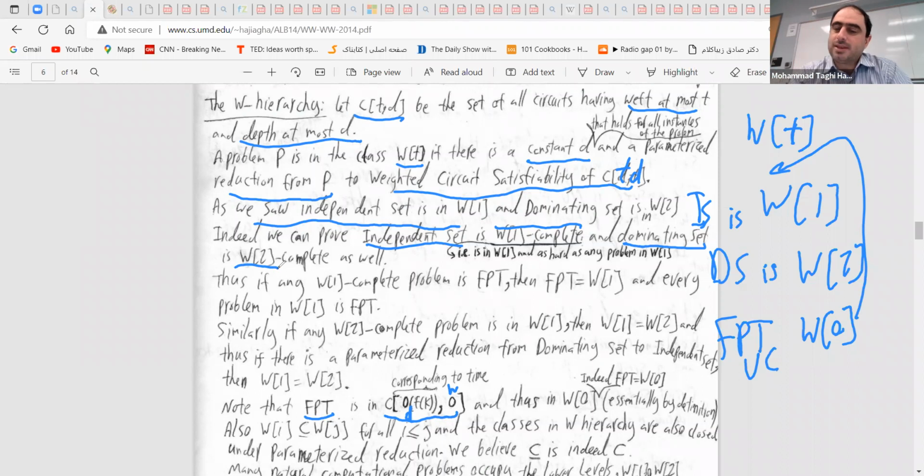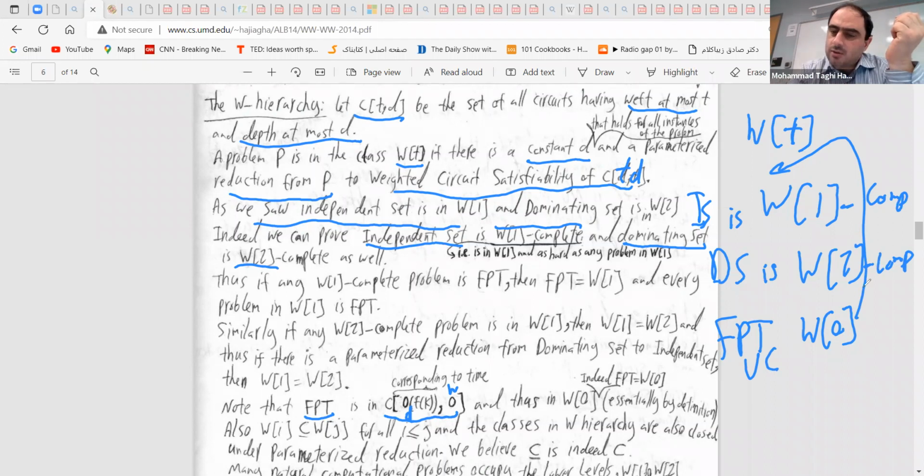So we have independent set as a W1 complete problem, and dominating set is W2 complete. And of course, fixed parameter algorithms are just these.